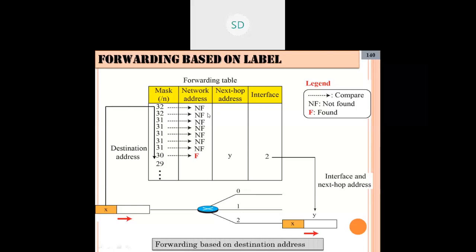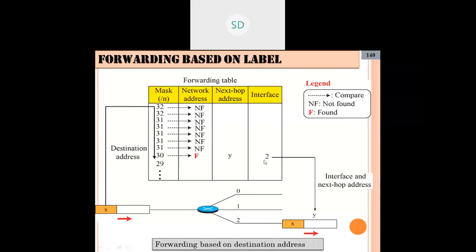If the network address is equal, then the next hop will be selected as well as the interface, and then the packet will be forwarded. If it is not found, it goes to the next mask, and like that to the next address. Say in this case, at the 30th mask, the network addresses are equal. After masking, if we find that the network address is equal, then the packet will find its next hop address as well as the interface.